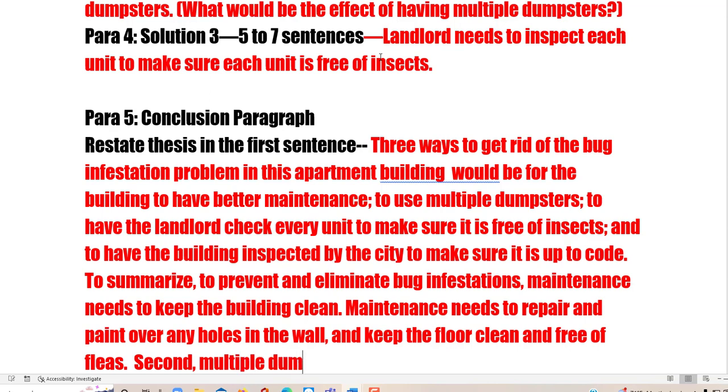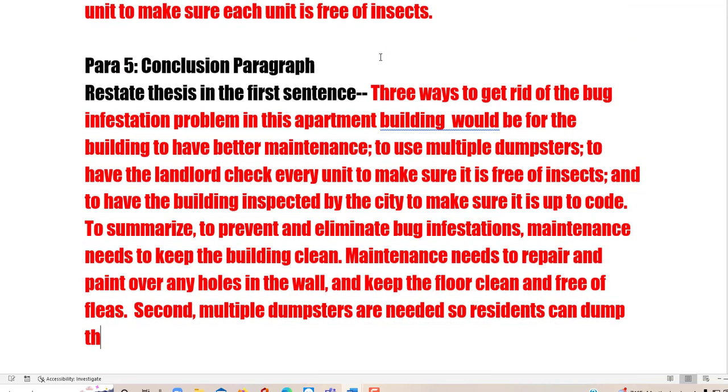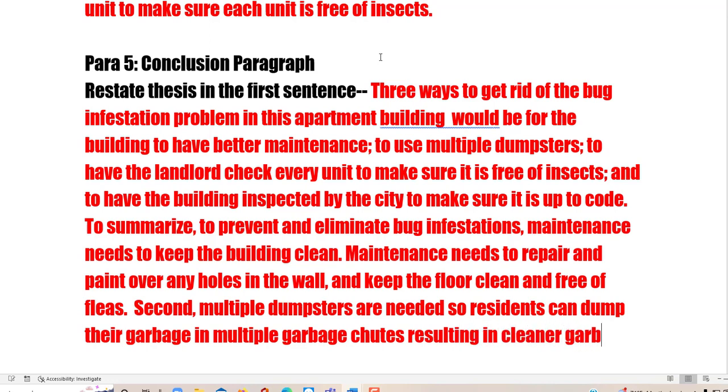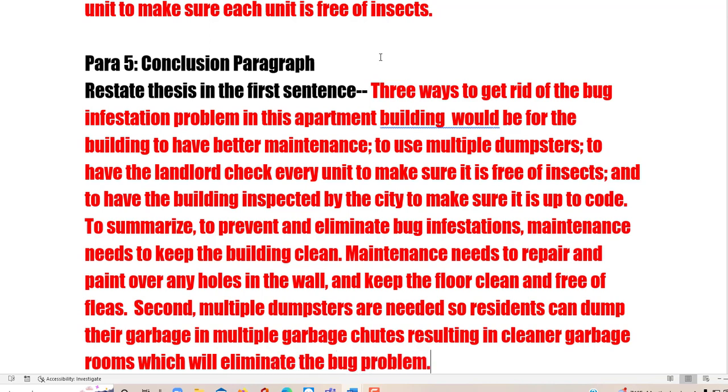So multiple dumpsters are needed so residents can dump their garbage in multiple garbage chutes, resulting in cleaner garbage rooms, which attracts fewer bugs, which will eliminate the bug problem. Because bugs are attracted to clutter.